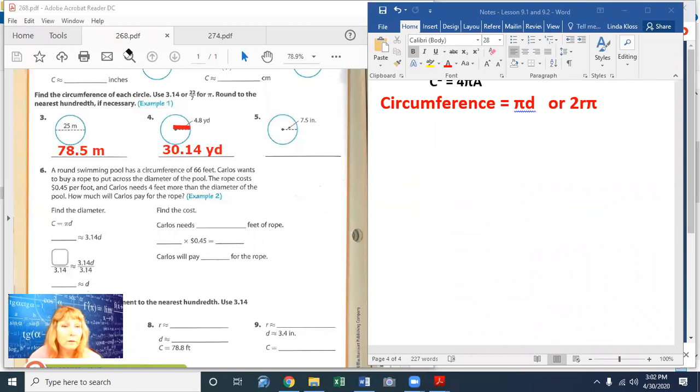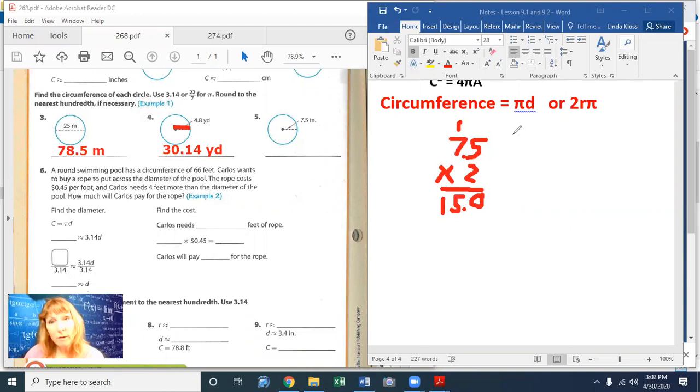Okay, so we have 7.5 times 2, right? Because that's 2r. 2 times 5 is 10. Carry the 1. 2 times 7 is 14 plus 1 is 15. You have one number after the decimal. So it's 15.0.